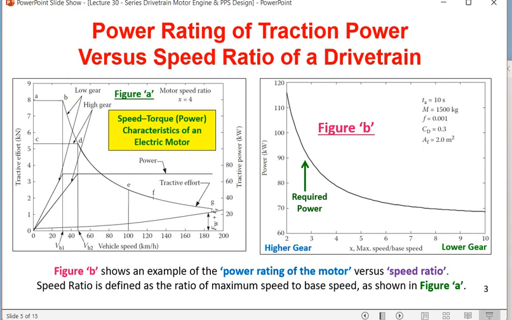To create some acceleration in higher gear, more energy has to be given, because the slope of the graph is very high. Whereas in the lower gear, to create high acceleration, the change in energy is very small. That means in lower gear, very effortlessly you can accelerate the car.